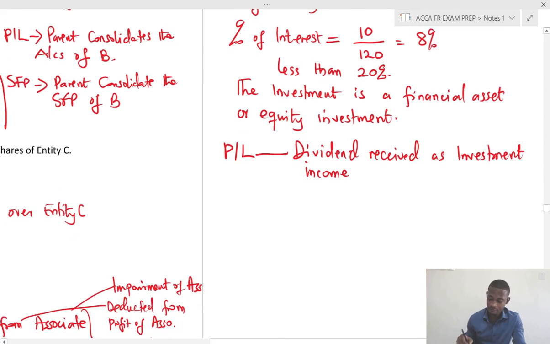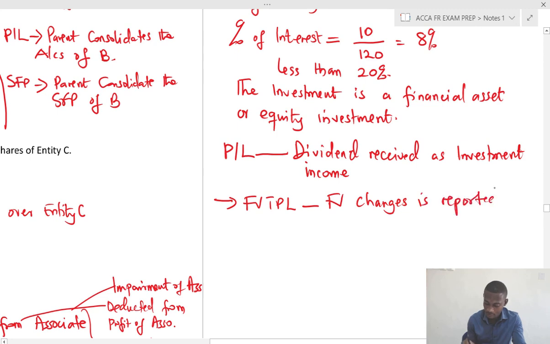Now, depending on the valuation basis adopted as per IFRS 9 Financial Instruments, if fair value through P&L is adopted, it means that fair value changes are reported in P&L.